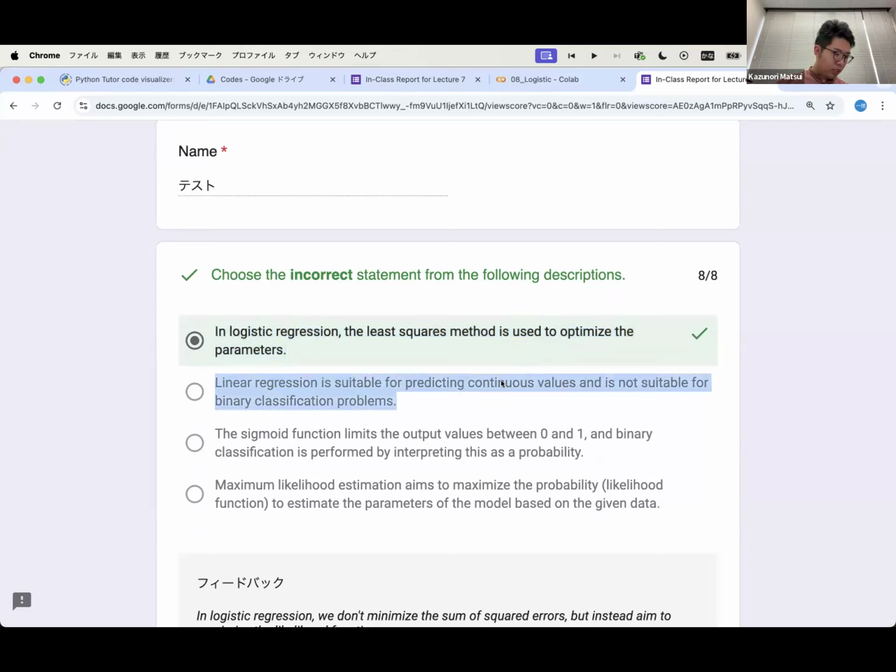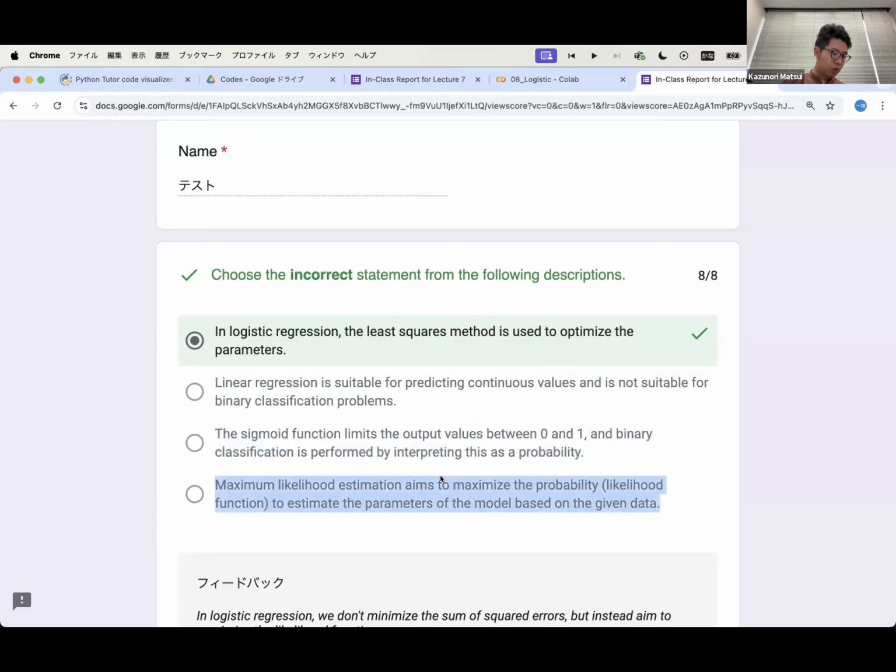Linear regression is suitable for predicting continuous variable values and is not suitable for a binary classification problem. This is true. The sigmoid function limits the output values between 0 and 1, and we perform binary classification by interpreting this as a probability.